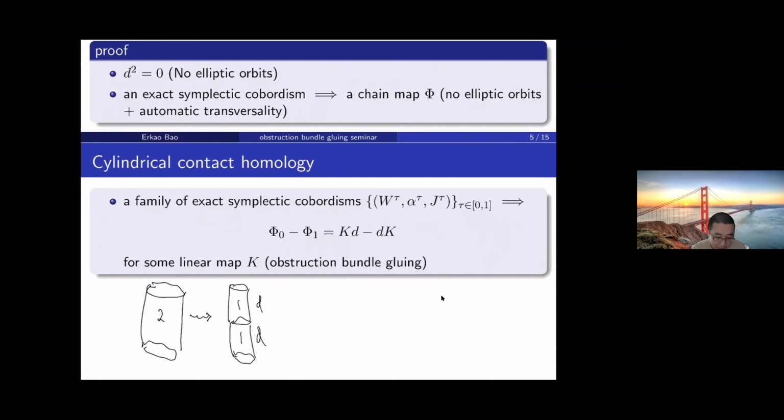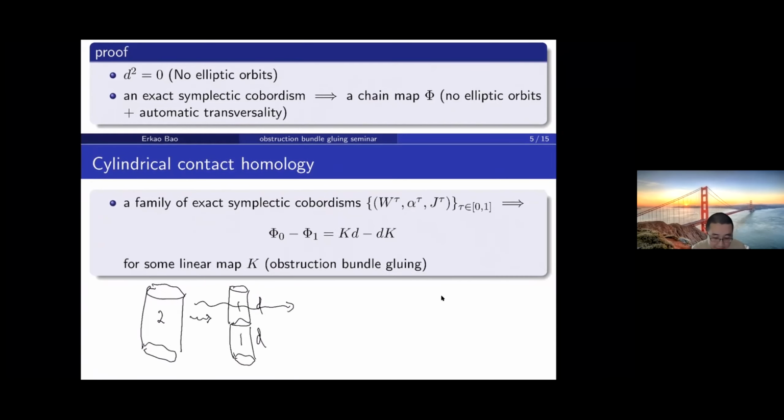A priori it's possible that this can degenerate into a multi-level holomorphic building. Let's say U3, U2, and U1, a multi-level and not necessarily third level.